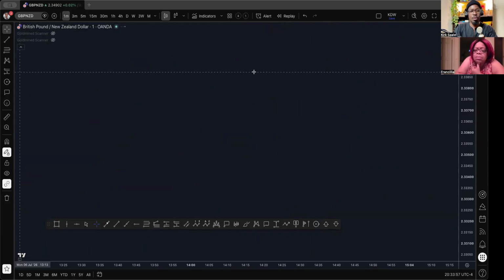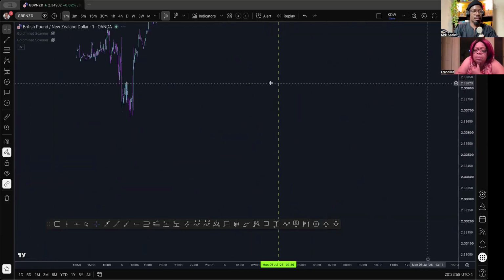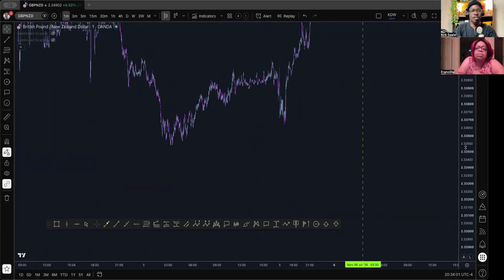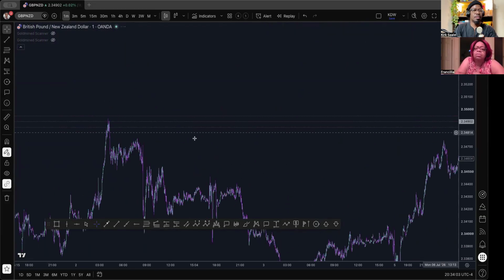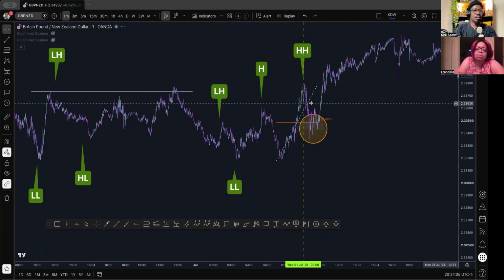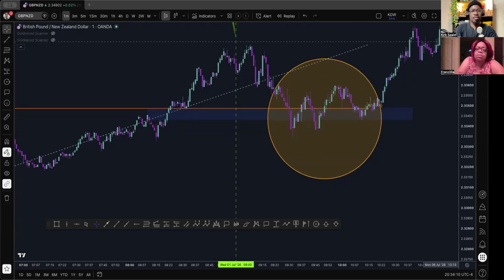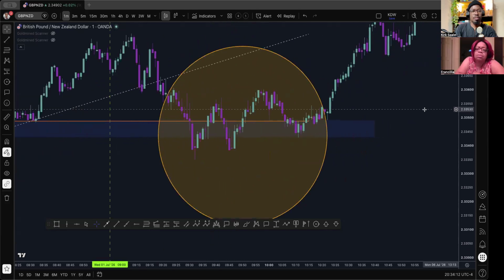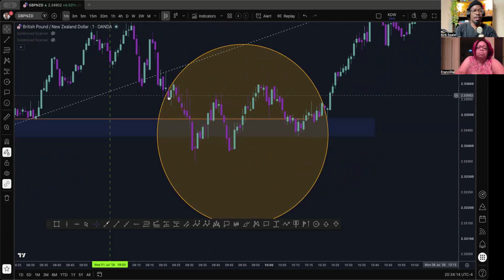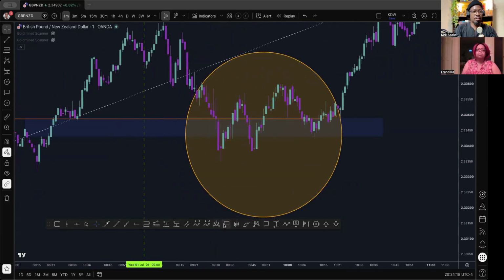So we go down on a lower time frame, even lower than what we were at just now. So this is inside that area that we were just looking at.